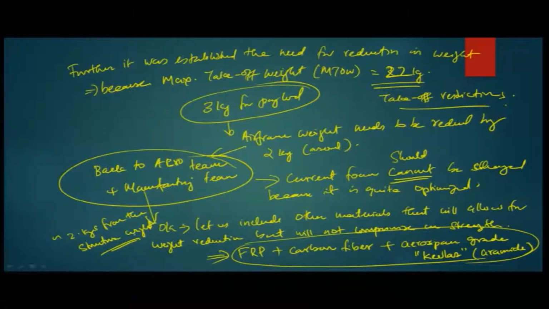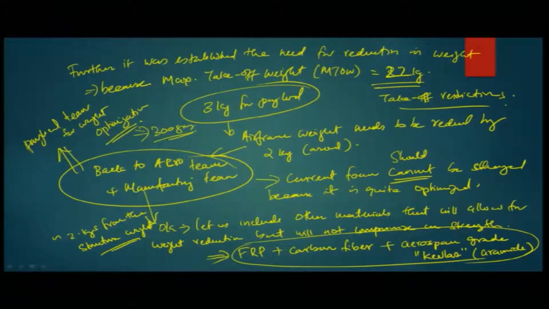So, this 2 kg shave off from the structure weight allowed us to carry a little bit more fuel. Then we came back to the aero and the manufacturing team, and from here we went to the payload team for weight optimization. They worked on the gimbal and the camera and other things, and were able to shave off another 300 grams.